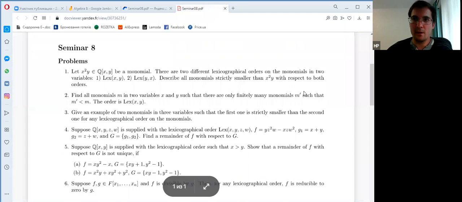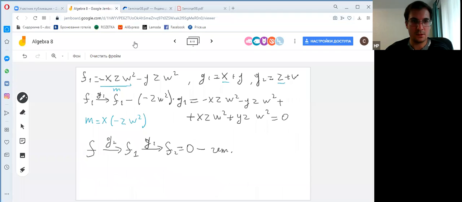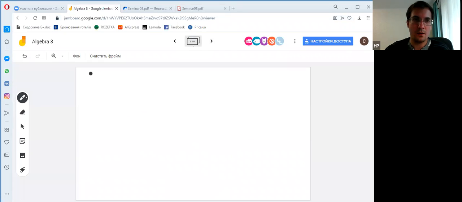Okay, and now let us go to number 5. Number 5, we have polynomials in 2 variables with lexicographic order lex x y, and we want to show that the remainder is not unique. Okay, let us show. We have a polynomial f equal to x y squared minus x.